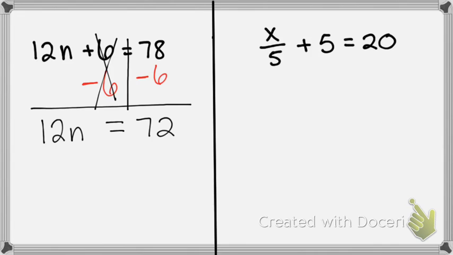Now, this is not going to be my answer because it doesn't say n equals. It has 12n equals 72. So now I'm going to do another line. That's why it's called two-step, because we're doing 2 steps. We're doing this step and then this step. Now I'm going to divide by my coefficient, which is 12.